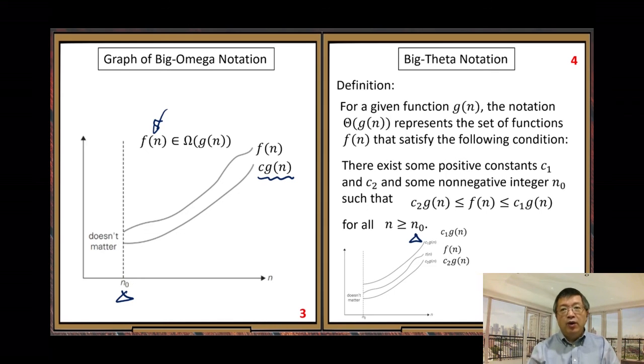In this part C.2, we just looked at three asymptotic notations: big O first, then big omega second, and big theta the third one.